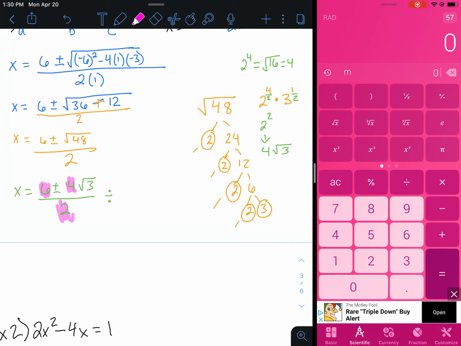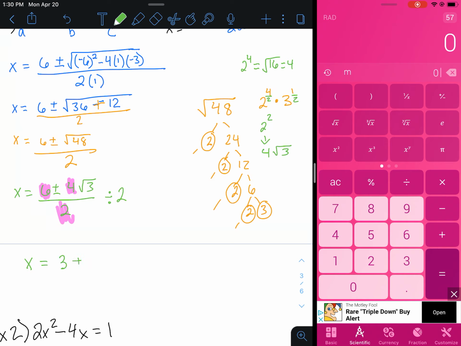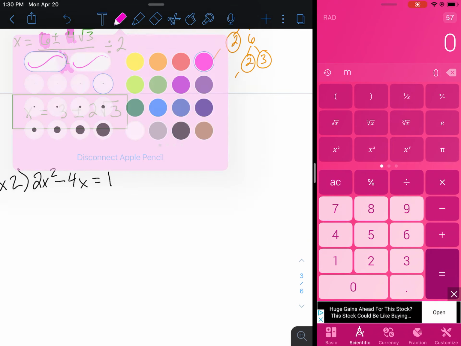It does not matter what's underneath the radical, whether that can go in there or not, because 4 times the square root of 3 is its own term. So now I'm going to divide everything by 2. So my answer ends up being 3 plus or minus 2 square root of 3. And this is my solution. Okay. Again, factoring this would not be possible without the quadratic formula.